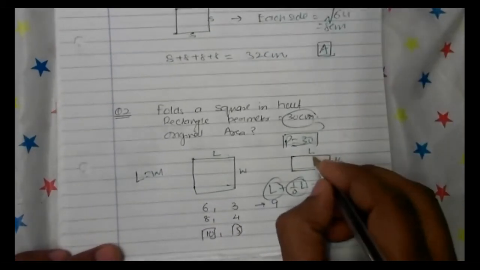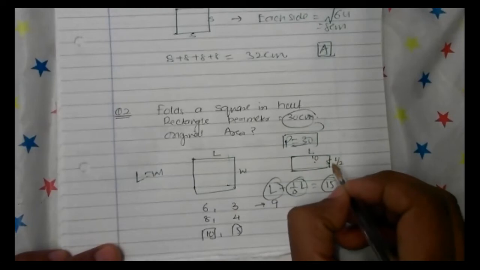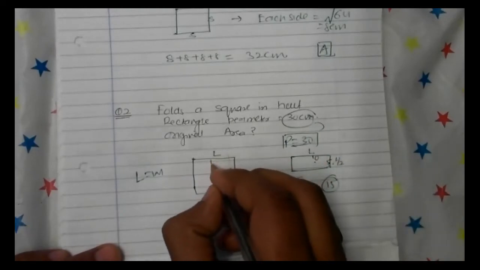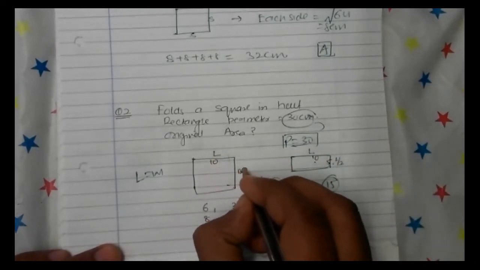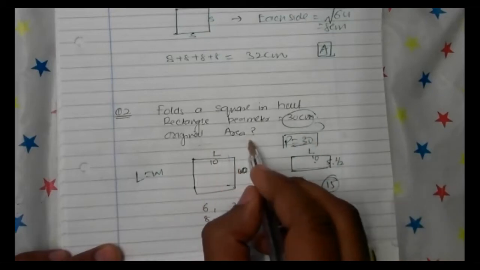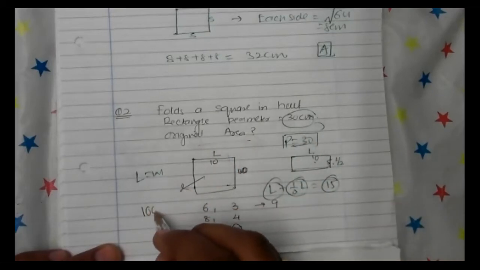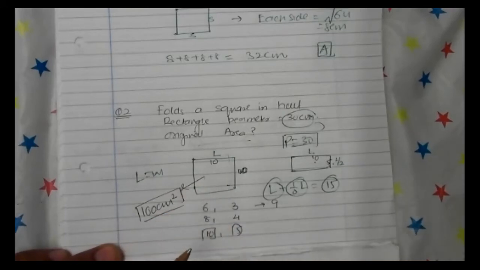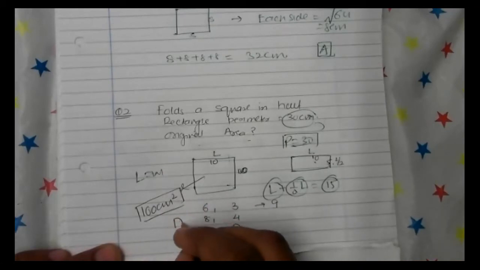So this could be 10 and that could be 5 for the rectangle. What does that mean, people? The first square could be 10 and 10. And we have to find the original area, which will be 100 centimeters squared, and which is option D for this question.